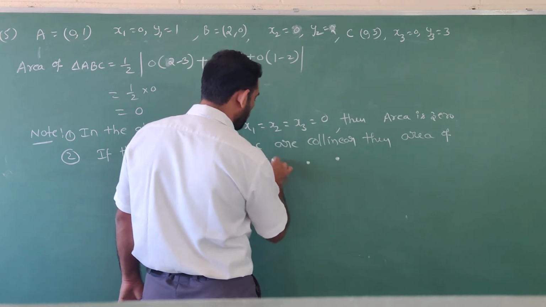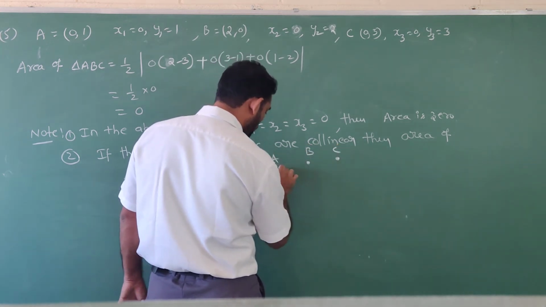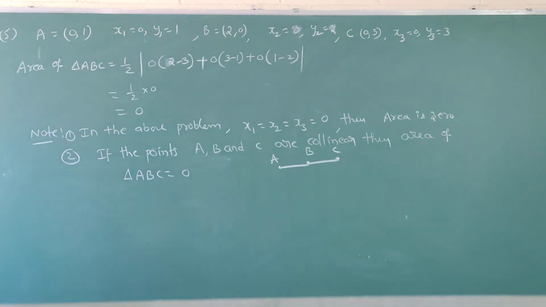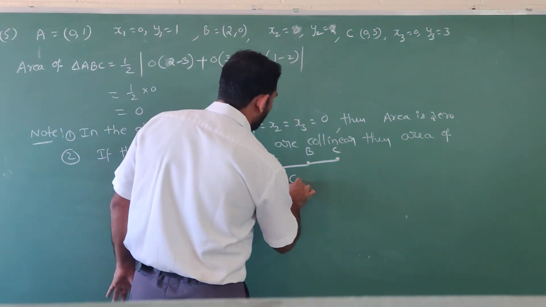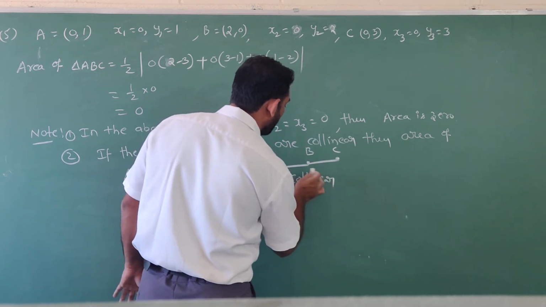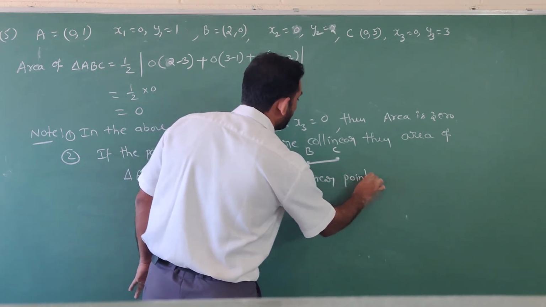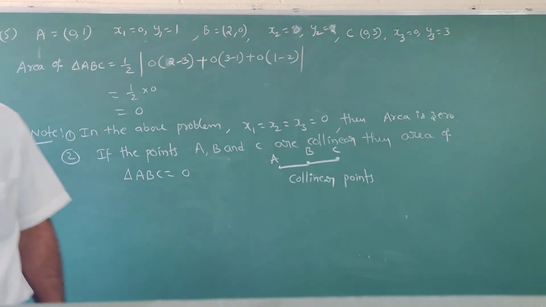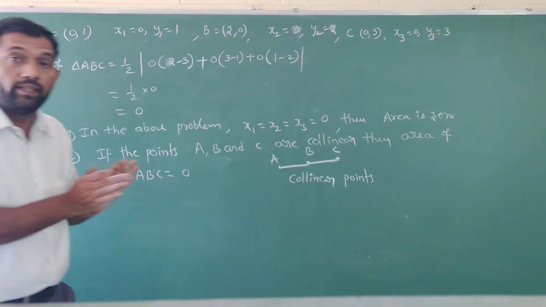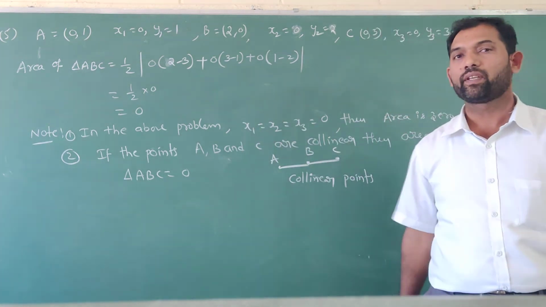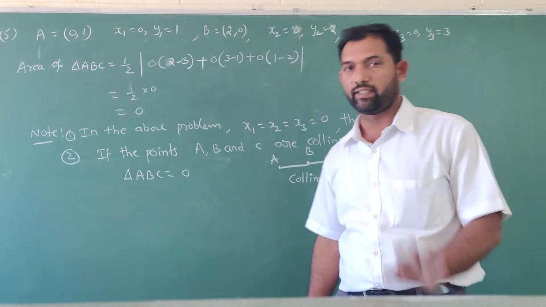All the points lie on the same line. If the points are collinear, then the area of the triangle is 0. These concepts you learned in 10th class.